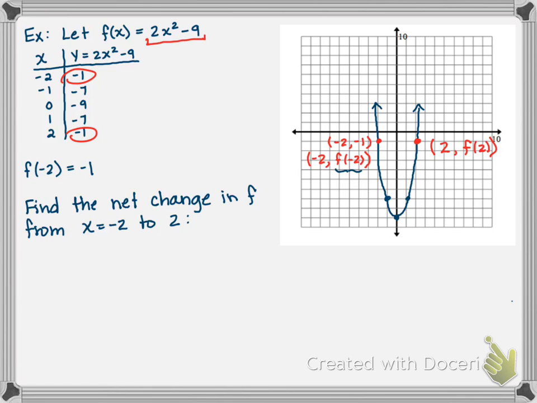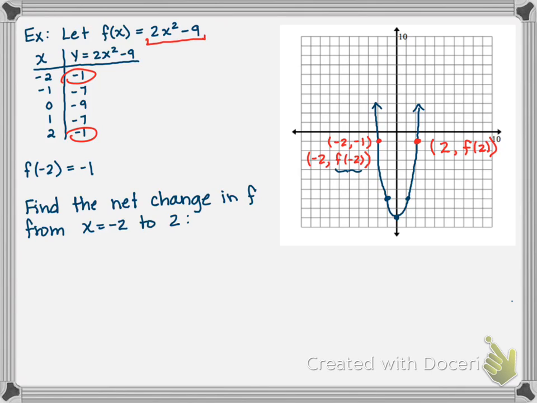What should that be? So yeah, we can write it out in function notation. It's true, we're doing F of 2 minus F of -2. What should we end up with, though? Can you tell just by looking at the graph? It's going to be 0, right?